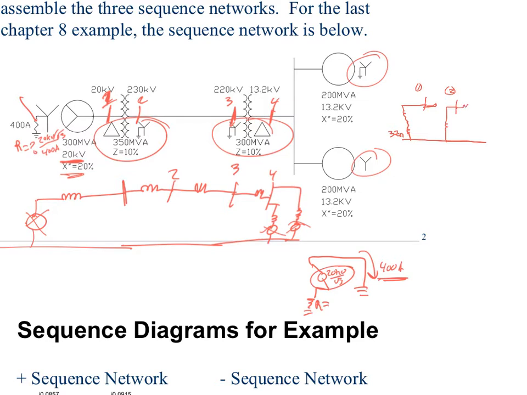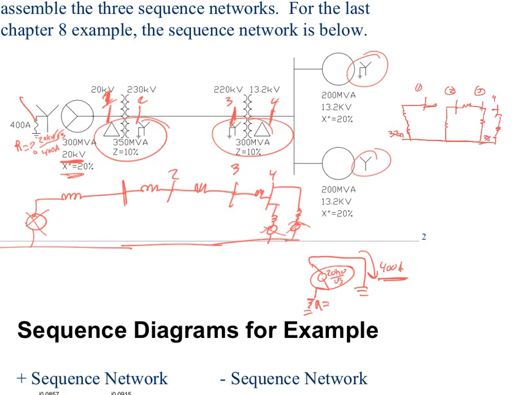Then I go through the line impedance. Now I'm at bus 3. What happens at bus 3? It's Y grounded. So I connect over here, drop it to ground. I open circuit it. I have number 4. Then I have one generator. I'll do the top one first.